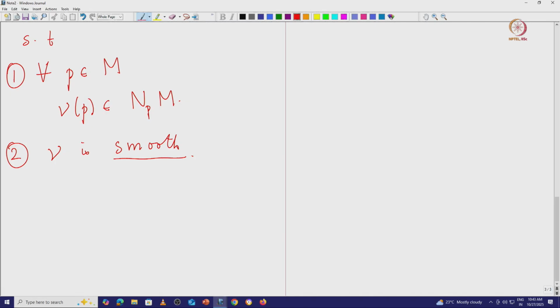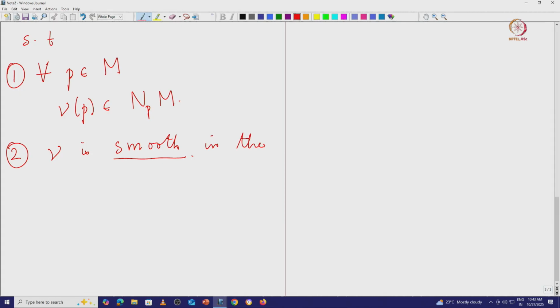If you know a little bit about vector bundles, then NM forms a rank 1 vector bundle, and you just want nu to be a smooth section. If you do not know about vector bundles, let me define what smoothness means in this context.